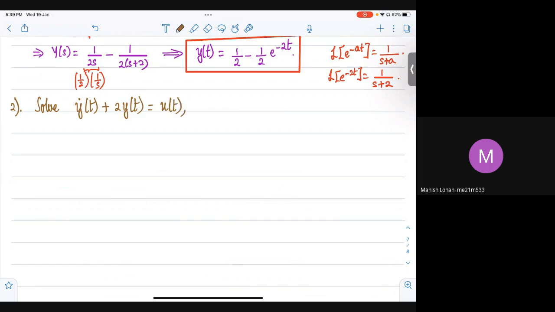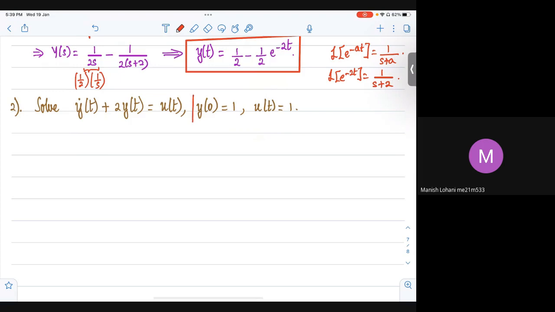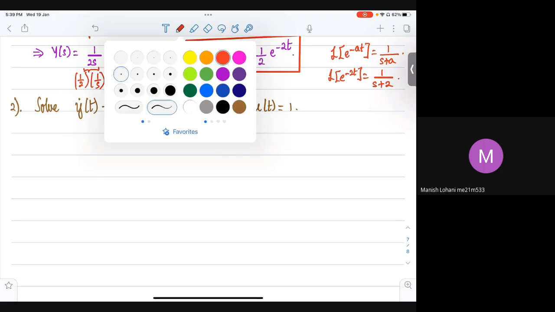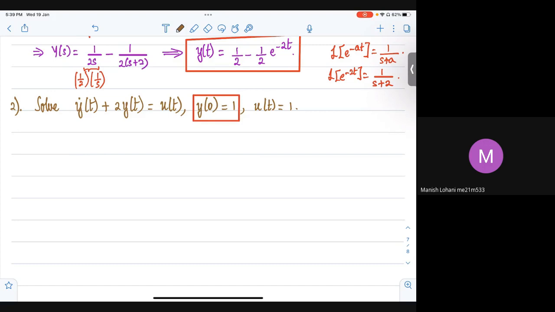Now let us say I consider the same example with a difference: I am considering the initial condition to be 1. The data is the same, the ODE is the same, the input is the same, but the initial condition is no longer 0, it is 1.